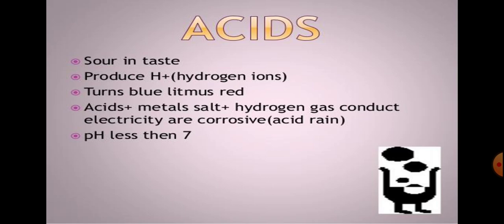Acids react with metals to form salt and hydrogen gas, conduct electricity, are corrosive, as in acid rain, and their pH value is less than 7. You only have to learn that acid is sour in taste, simple lines, and acid turns blue litmus to red.